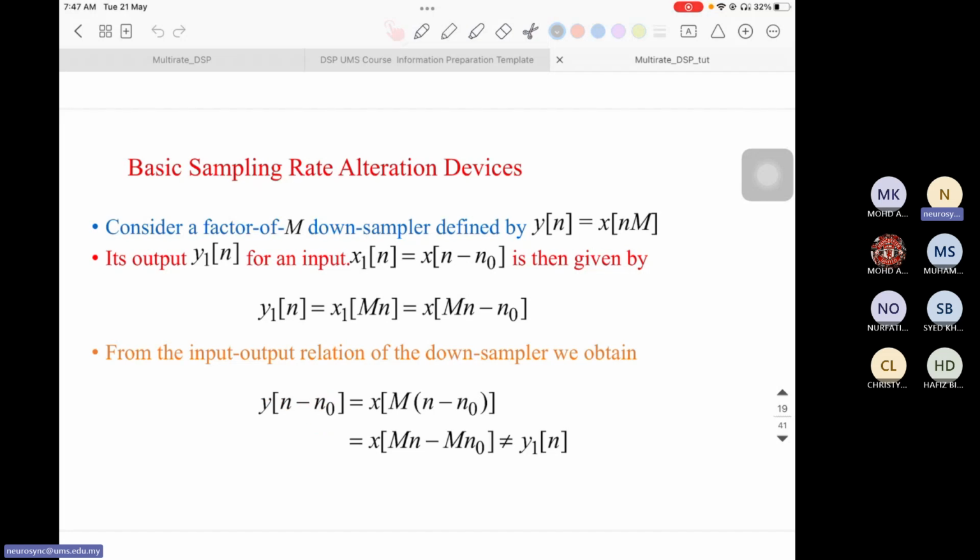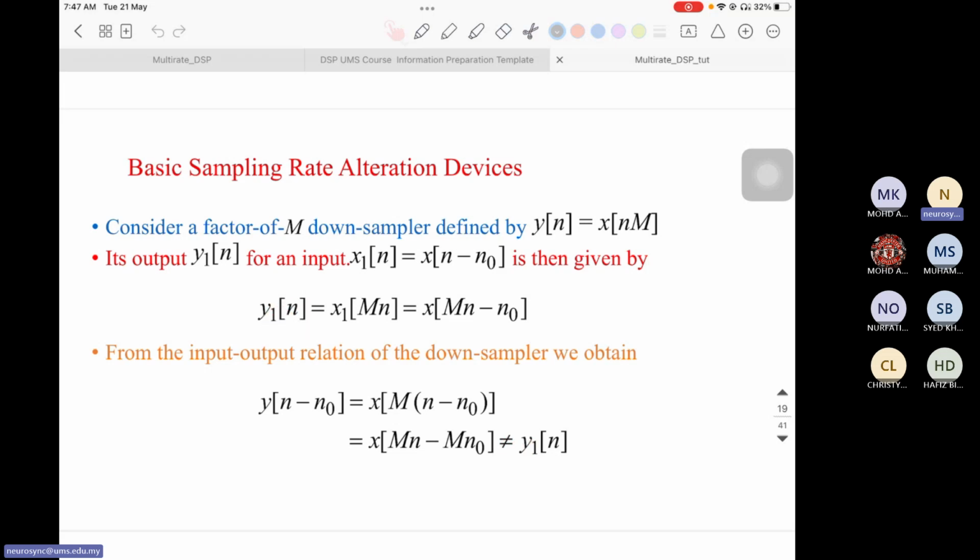But I know the relation x is equal to m, in brackets n minus n naught, so this is y of n minus n naught. If I simplify this, this term is not equal to this y1 of n.